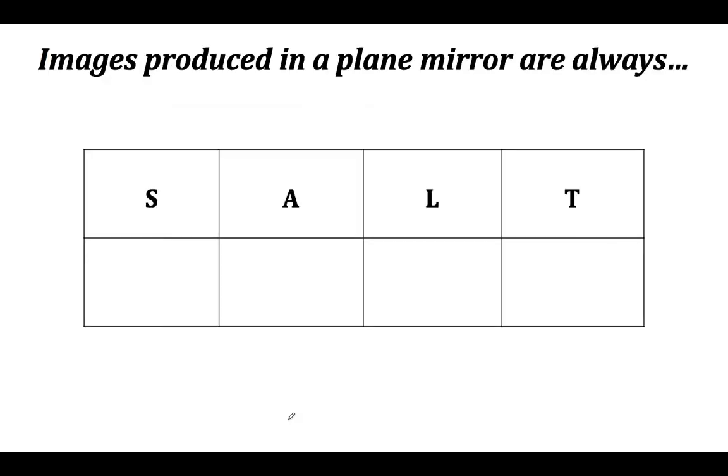So let's do this as a practice. So every time we draw an image in a plane mirror, we're always going to have the same SALT. So when it comes to S, the size of the image that we produce is always the same as the object that we have. So in the case of our pencil, as well as in our square, the size of the object and the image were exactly the same. The attitude, we're talking about if it's upright or inverted, and we already mentioned that it is laterally inverted.